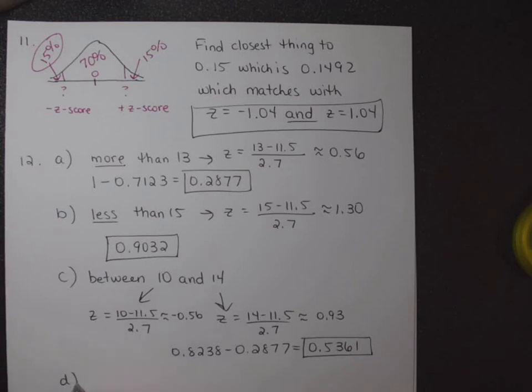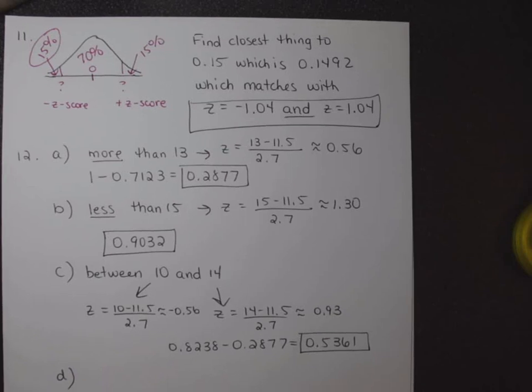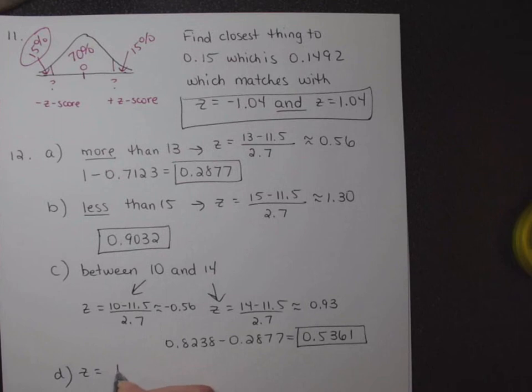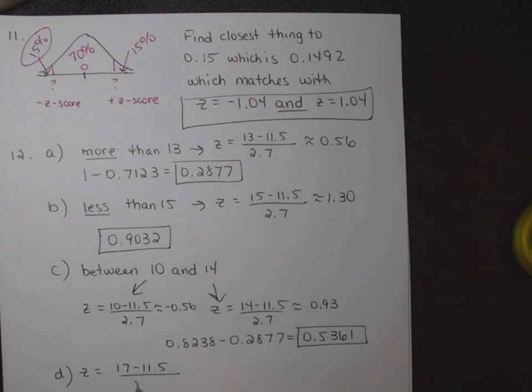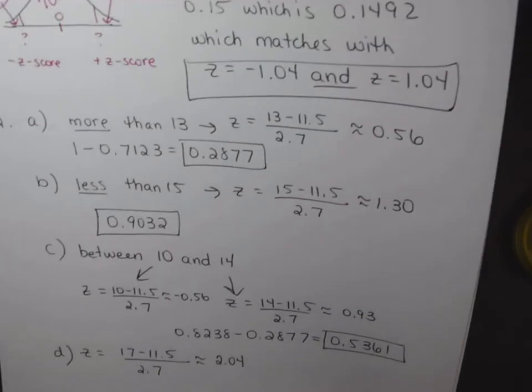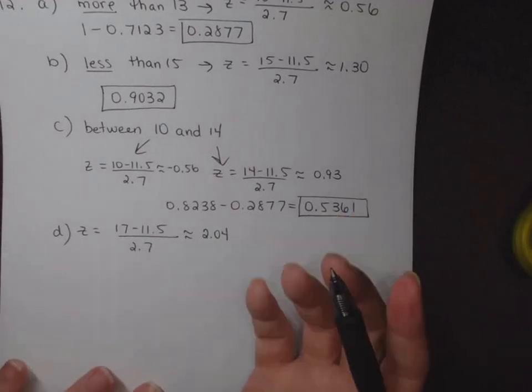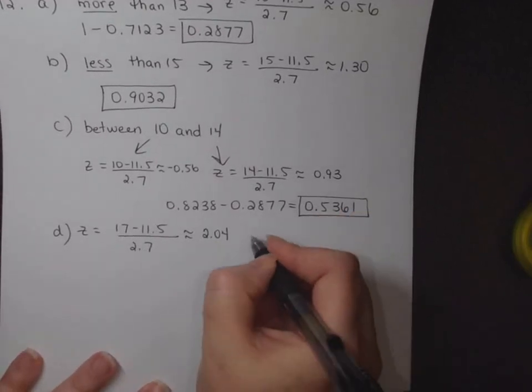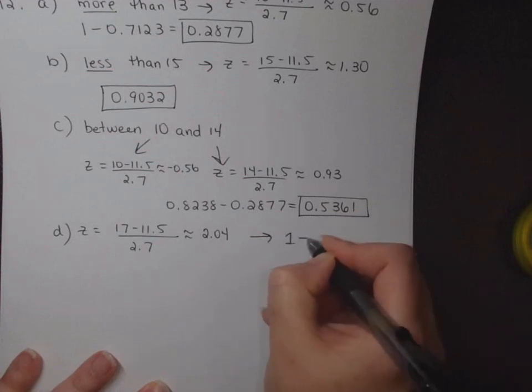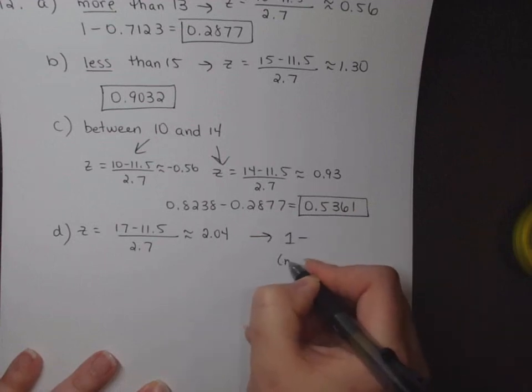My work's a little sloppy on this. And then part D, is it unusual for a baby to weigh more than 17 pounds? Okay, so first we need to find the z-score for 17. So it's 17 minus 11.5 over 2.7. Notice when the z-score is really negative or really positive, it's far from the mean. And so we need to read what's on the chart, but we need to do 1 minus it since it was more than.